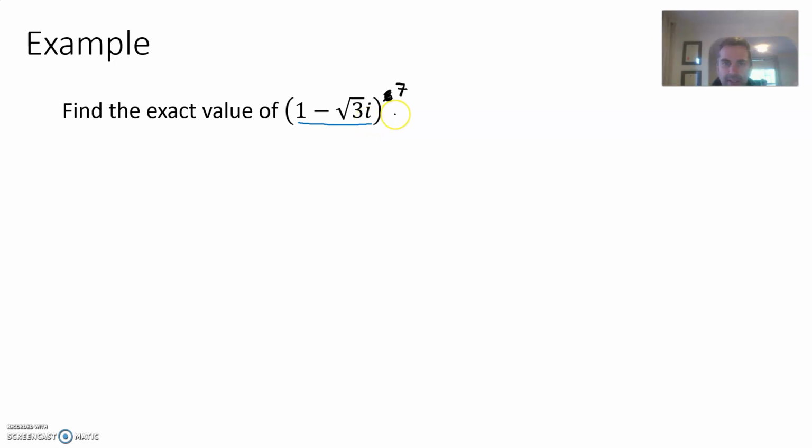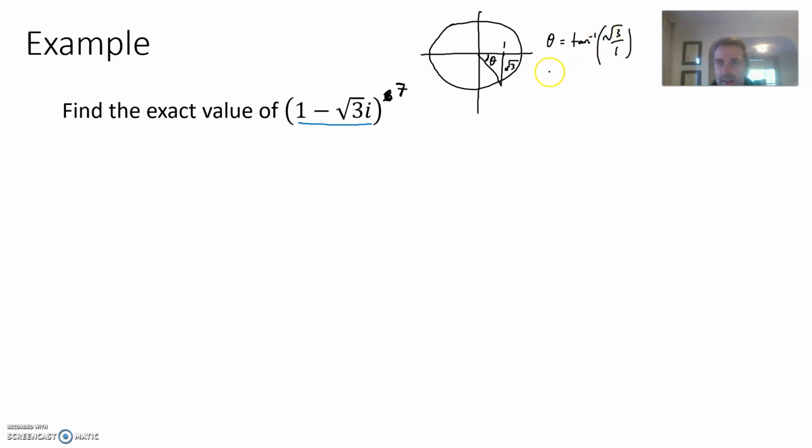Now, you've got 2 options for doing that. You can use your swanky graphics calculators, or we can go back to basics and draw a little picture and say, okay, if 1 was there and square root of 3 was down here, this is going to be my angle theta. So I could use your calculator to do tan to the minus 1 or arctan of root 3 over 1.